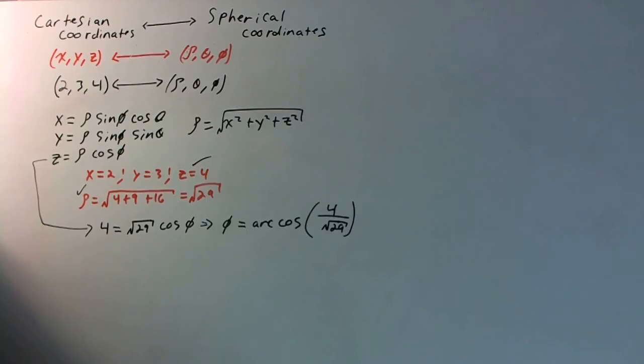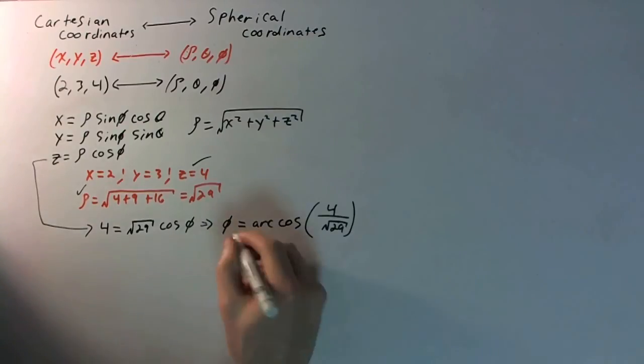So 4 divided by the square root of 29. That's 0.74 something. So then the arc cosine of that is 42 degrees, supposedly.